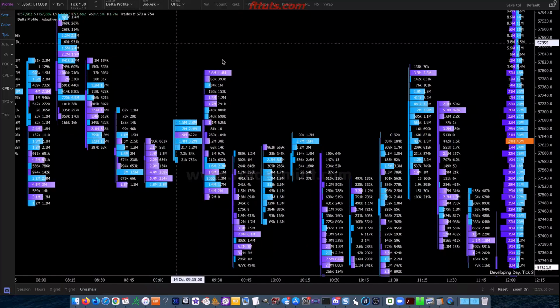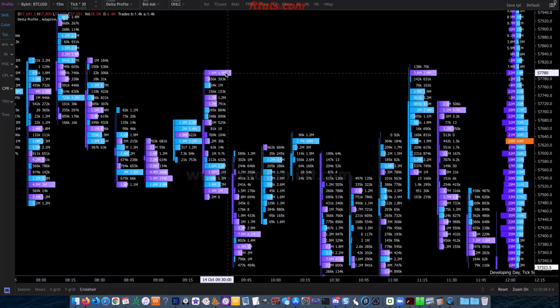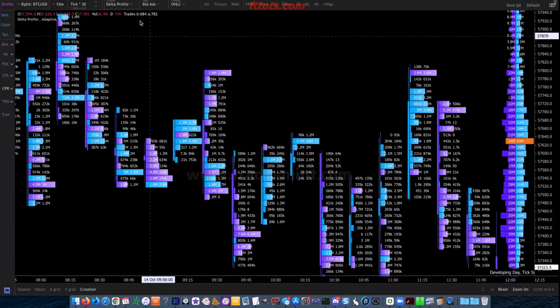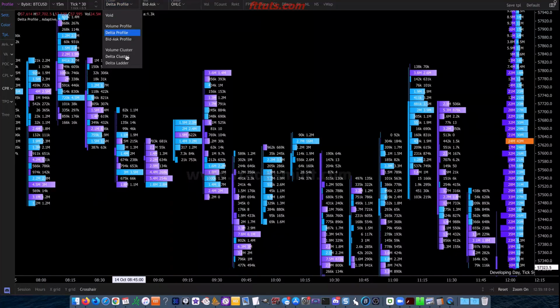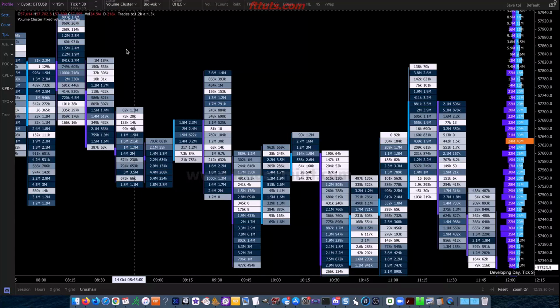We have the delta profile, which is showing us spikes in delta, similarly to a volume profile, but it's showing us only the proportions of how many more sells versus buys there were. Then you have these clusters down here. Now these clusters are basically just showing you everything in one big chunk, and based on the color of the chunk, it will tell you how much it was.